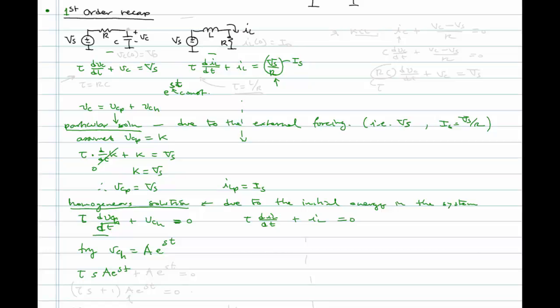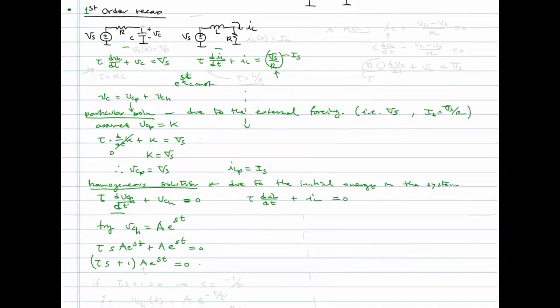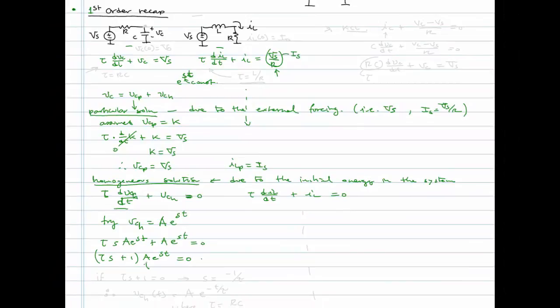We get A e to the st back again, plus A e to the st is equal to 0. We pull out the A e to the st, and except for the trivial case where A would be equal to 0, the only other way that this equality is satisfied for all time is if tau s plus 1 is equal to 0. In other words, s is equal to minus 1 over tau.